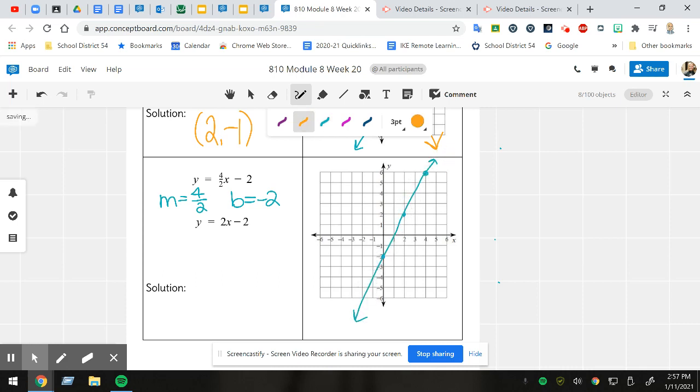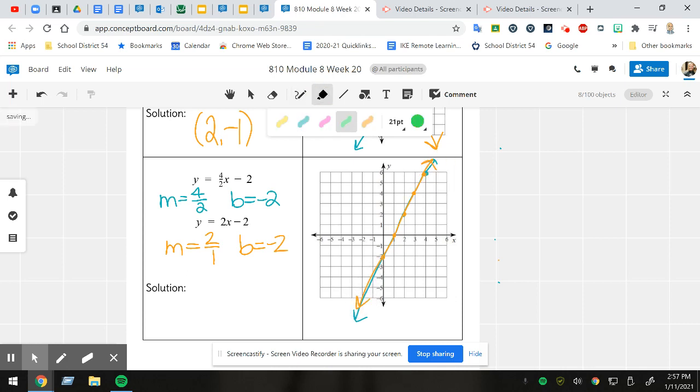All right, let's do the next one. My m is 2/1. My b is -2. All right, again, I get -2. So if I go up 2, right 1, what are you noticing already? If I connect these, I'm going to have the same exact line.